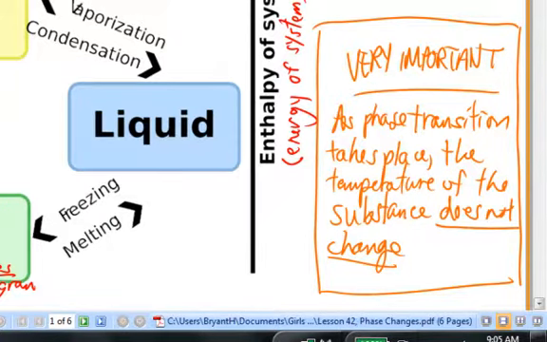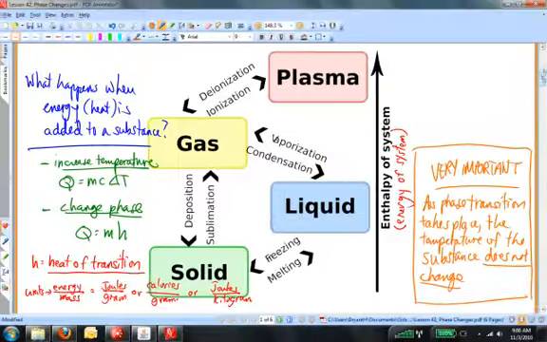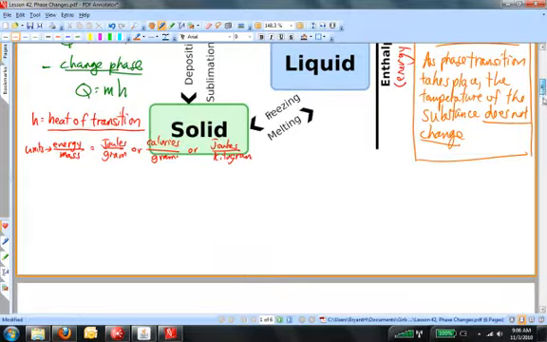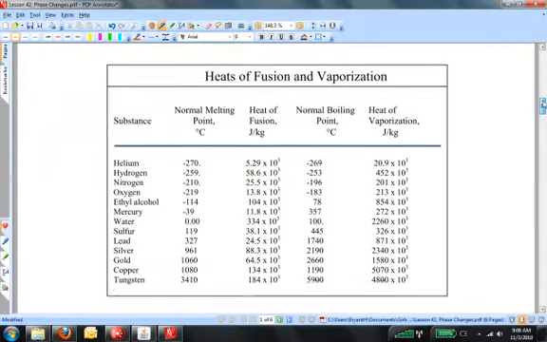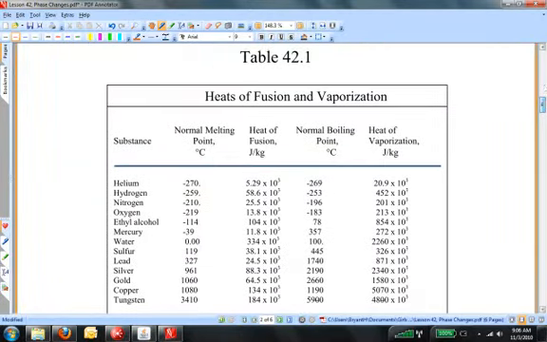What I'm doing is essentially breaking the particles free or causing the particles to congregate with each other. In your textbook, there's given a table that shows you some heats of fusion and vaporization for various substances. This is table 42.1 in your textbook, and you'll want to use that when you solve some of these problems.